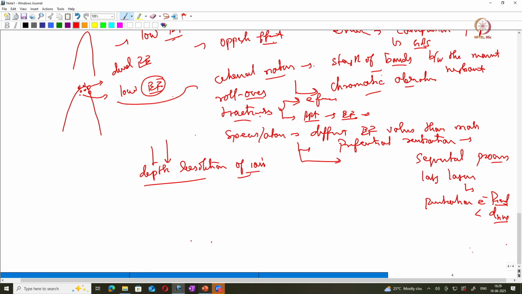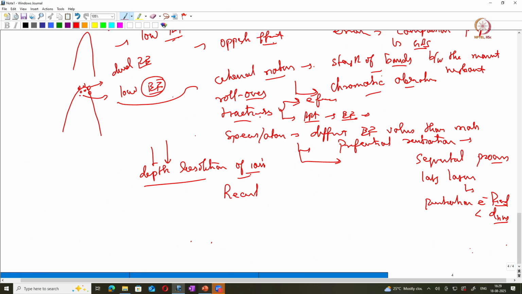Okay, so usually, as I told you, during reconstruction it is built layer by layer.